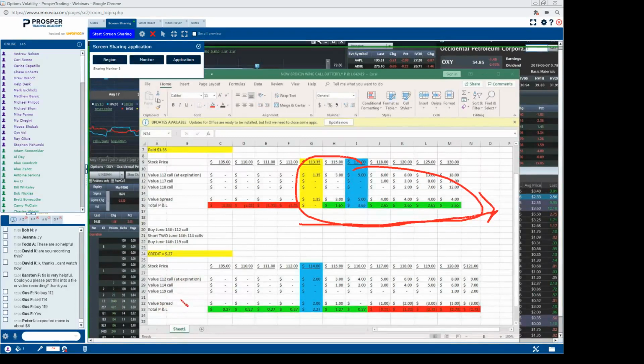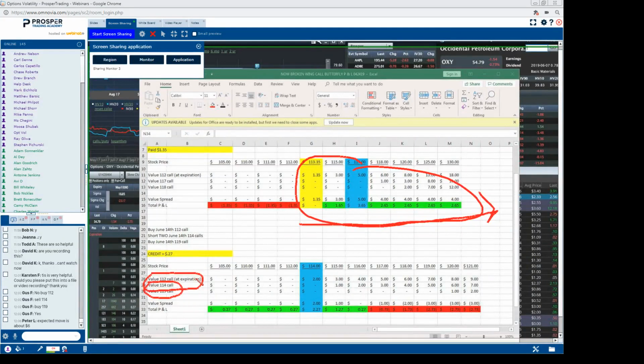This broken wing fly, even though we're buying the first part of the spread, the 112, 114, which is bullish, the second part of the spread, the 114, 119 short part, because it's wider than the long part, takes over, adds actually negative delta to the spread.